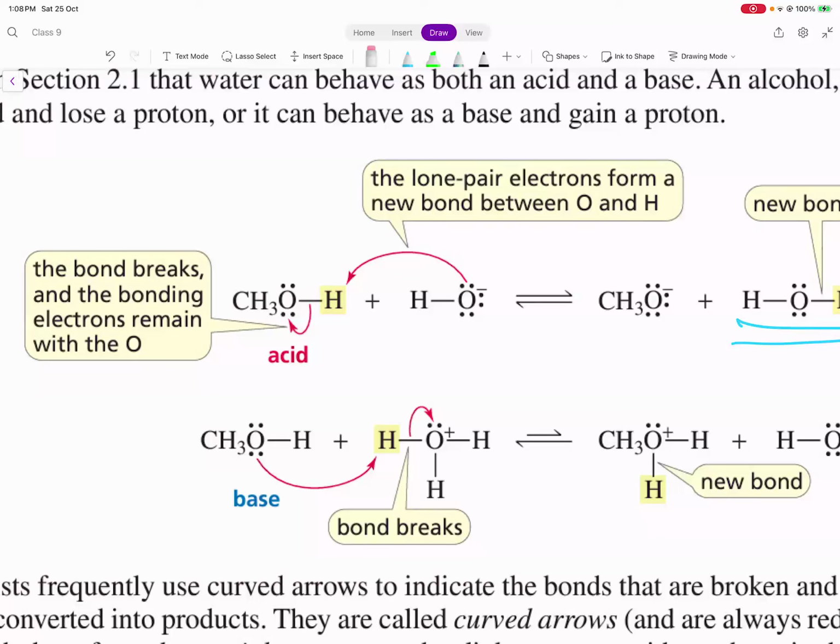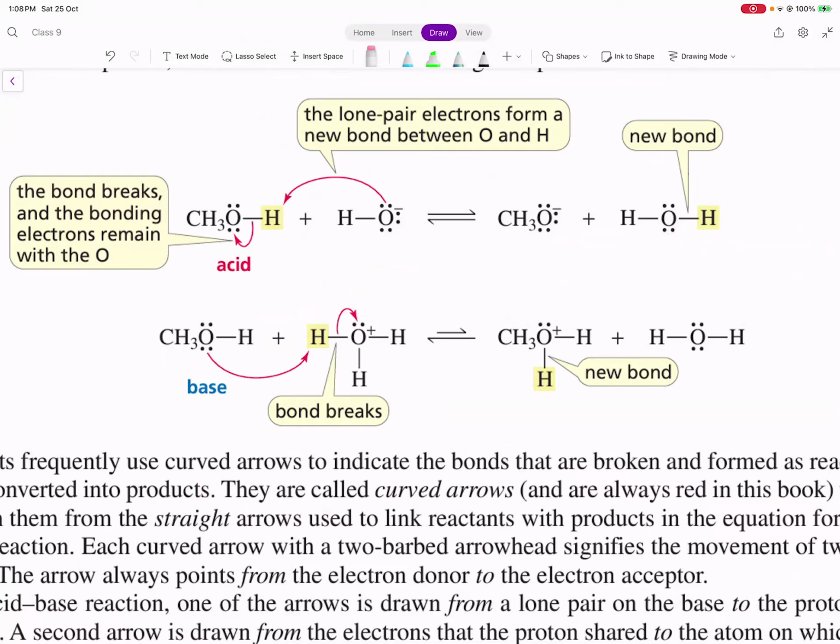On the left hand side, oxygen has only four electrons, or two lone pairs, but on the right hand side, it has three lone pairs. So a curved arrow is a way to track electrons. Similarly, you can see in the bottom example, the arrow will always start from the lone pair of electrons and end up on the atom or a single line. So you can see what is happening here.